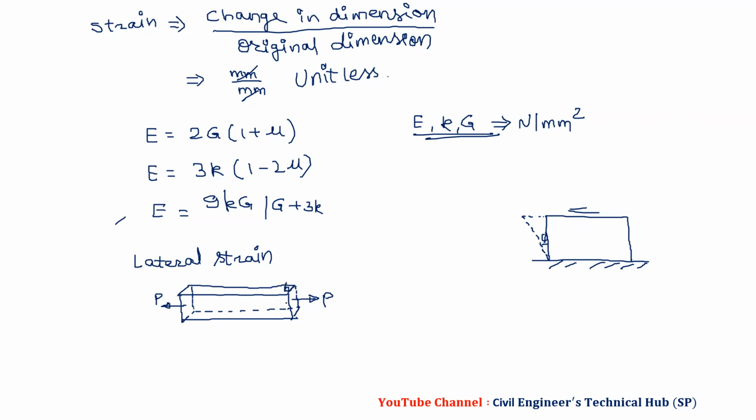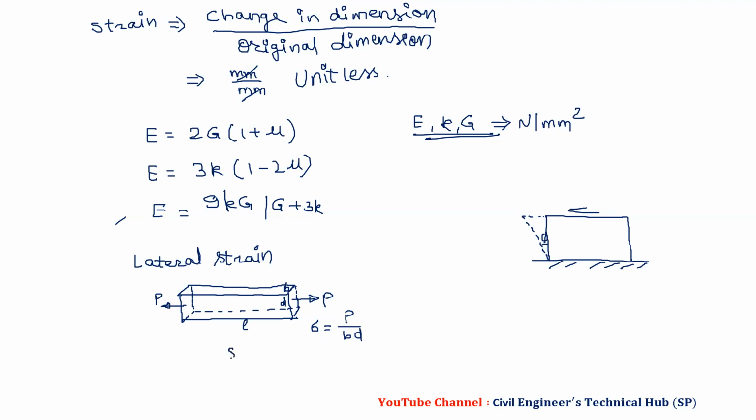He may ask, you have given L, B, and this is D, find stress. So how will we get sigma? The area we have to consider is perpendicular to the force. This length is along the force, that should not be considered. So sigma is equal to P upon BD. And how will we get strain?